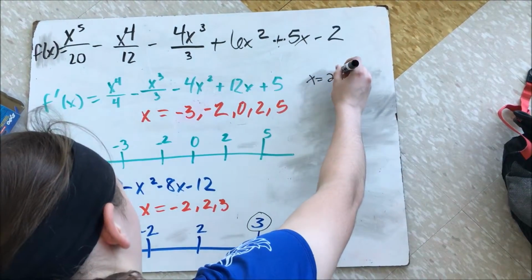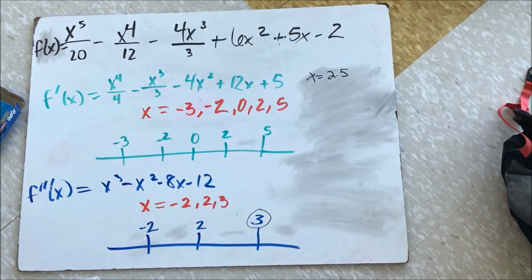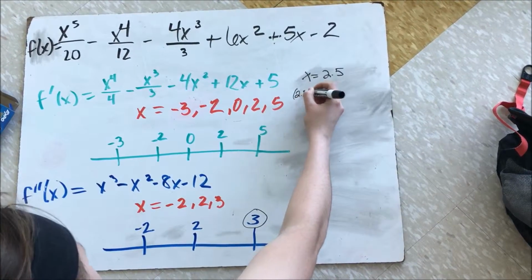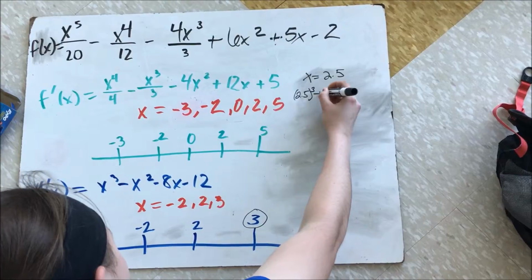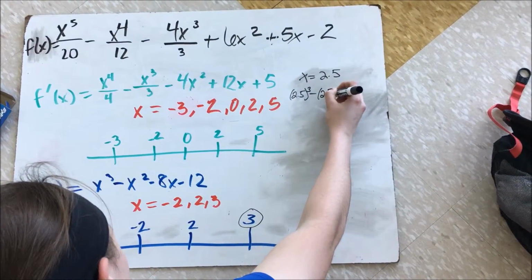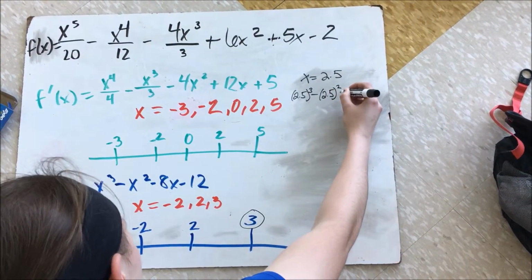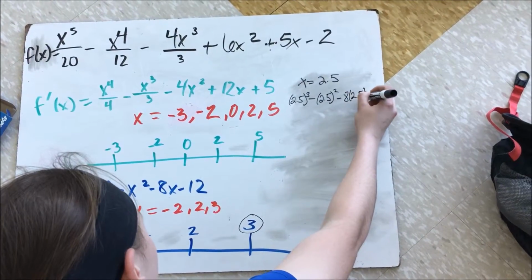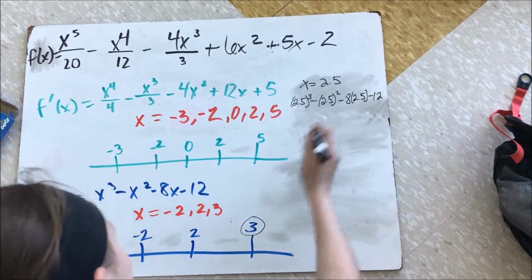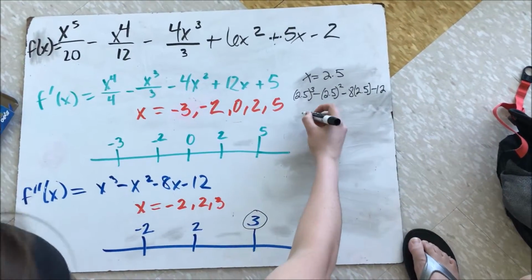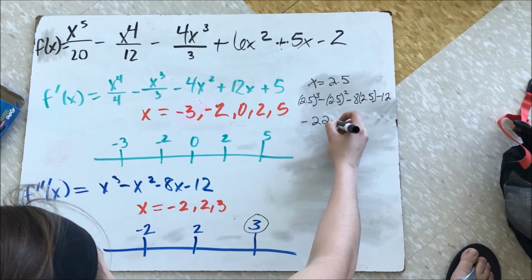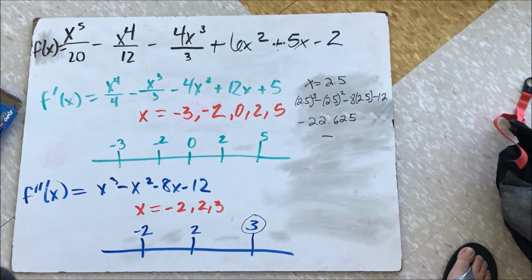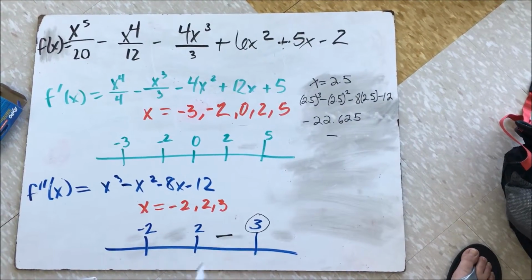To find these signs, we will plug in different numbers to the second derivative as shown at the right. In this instance, we plugged in the numbers 2.5 and 5.